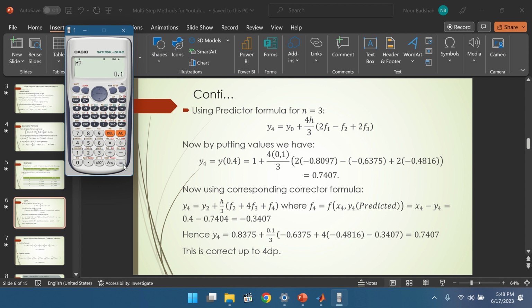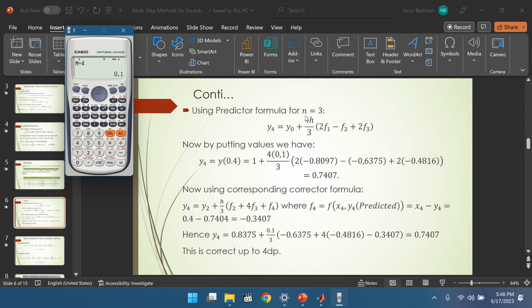So pressing equal, then we have m. Now m is what you see in the formula. We are having 4h by 3 here, whereas in this case we are having the formula to be h by 3. So it means I'll be dividing m with 4, because we are having 4 here in the previous formula, but now I am having h by 3.